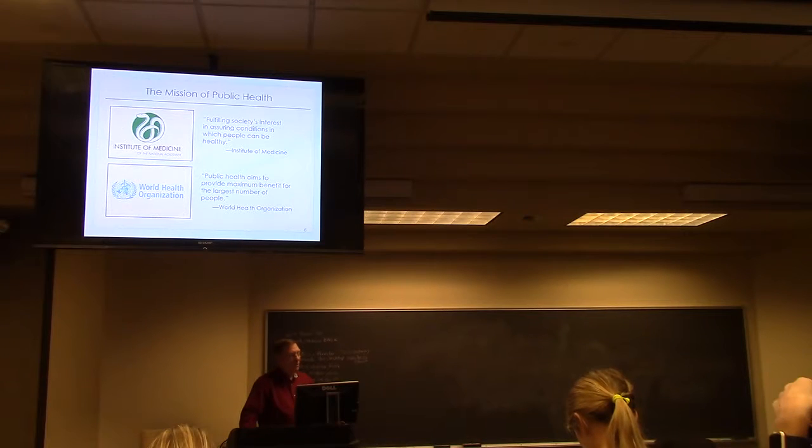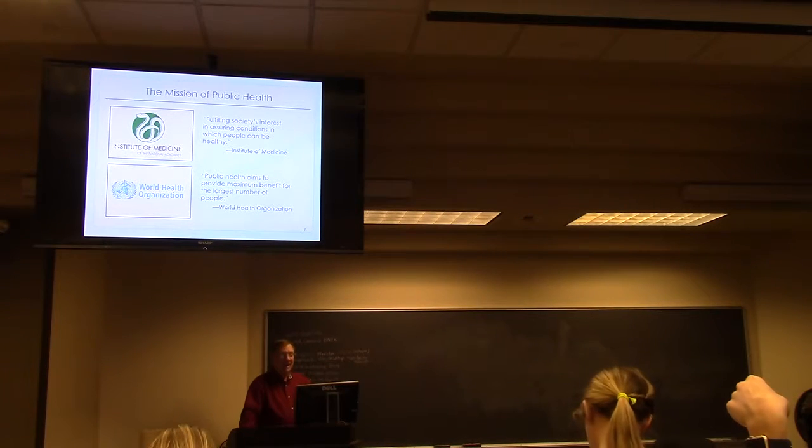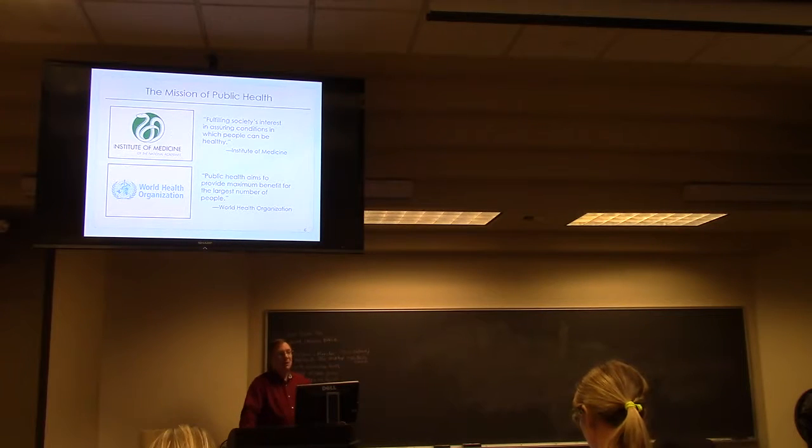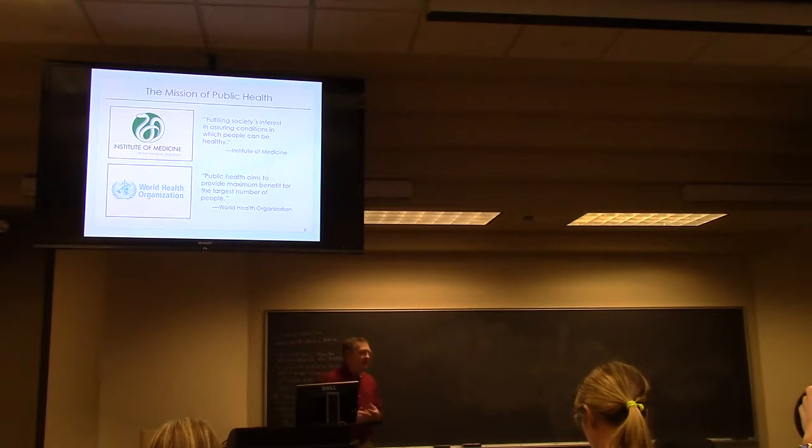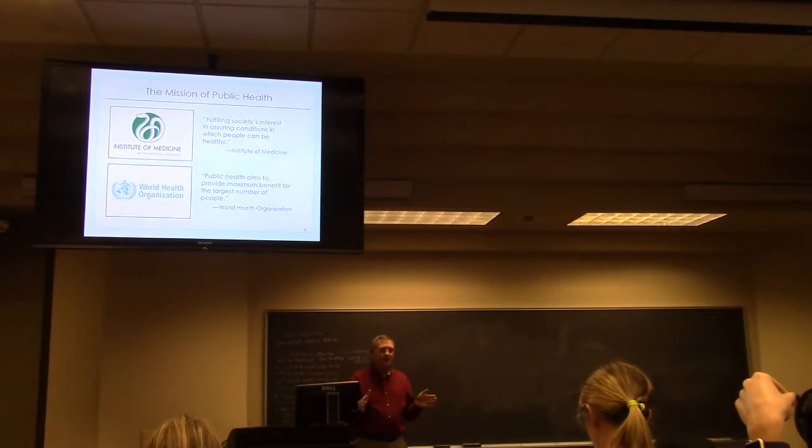And then the next one, World Health Organization: public health aims to provide maximum benefit for the largest number of people. Well, that's almost intuitive. We always try to do what we do to benefit the most people, but it becomes a large issue when you're looking at policy because we have limited resources.